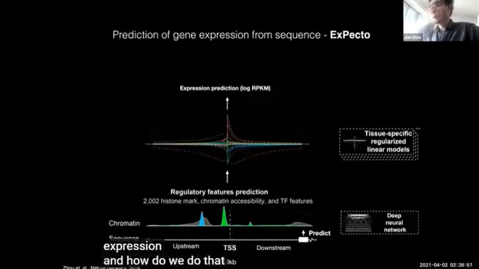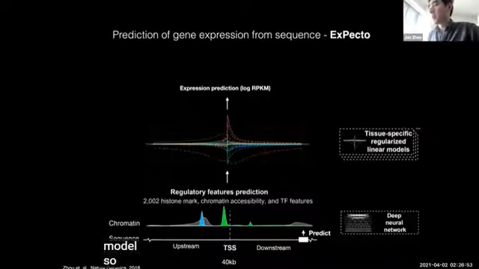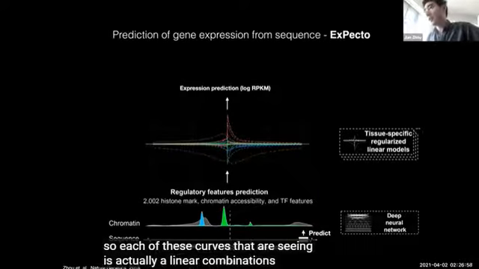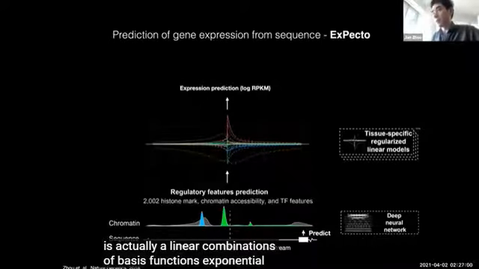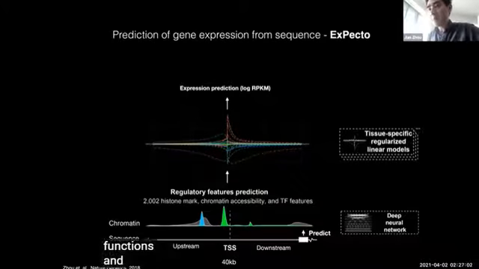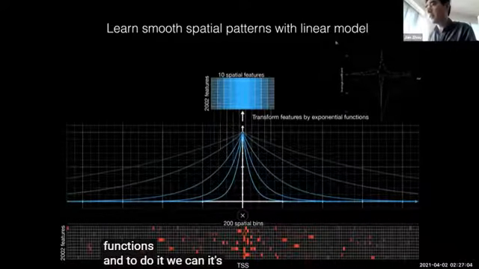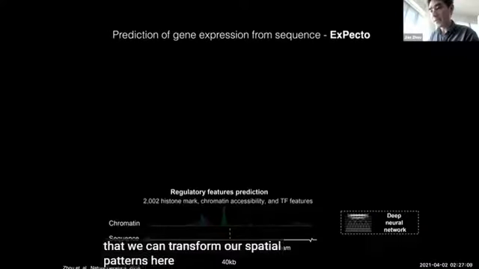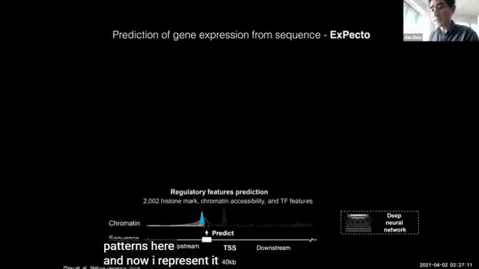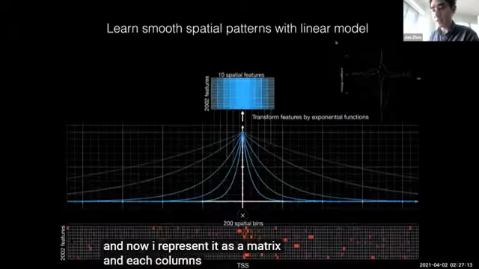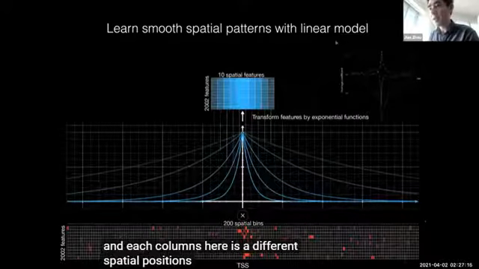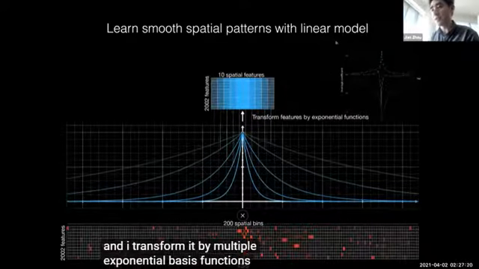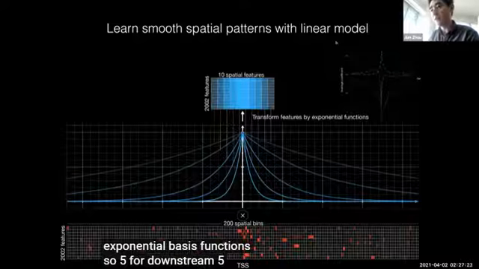And how do we do that? With a linear model. So each of these curves that you're seeing is actually a linear combination of basis functions, exponential basis functions. And to do it, it's actually pretty simple, we can transform our spatial patterns here. Now I represent it as a matrix, and each column here is a different spatial position. And I transform it by multiple exponential basis functions, so 5 for downstream, 5 for upstream.